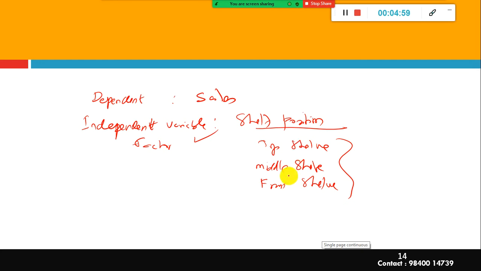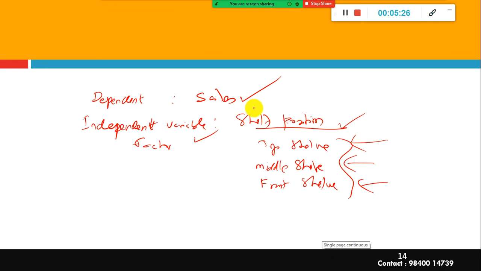These are the categories of my independent variable, shelf position. We analyzed three different positions within this single variable. So does keeping the items in different places on a shelf influence sales?